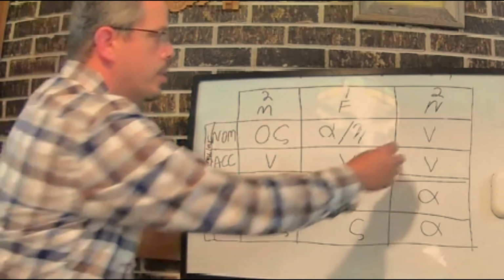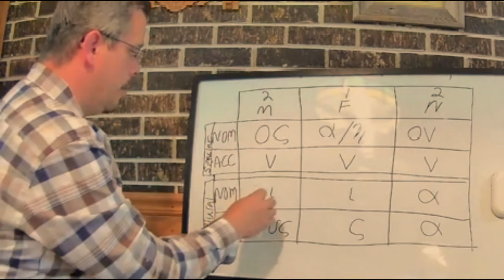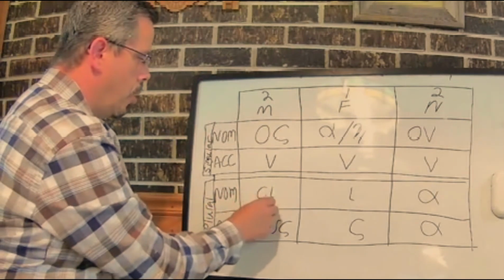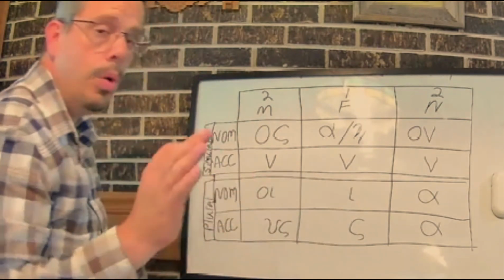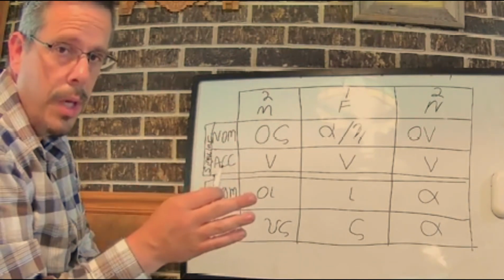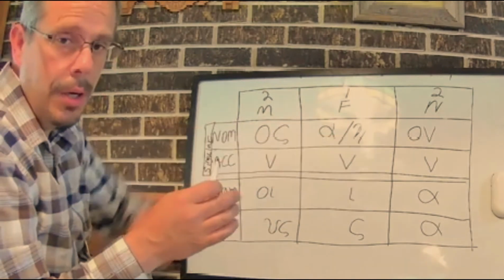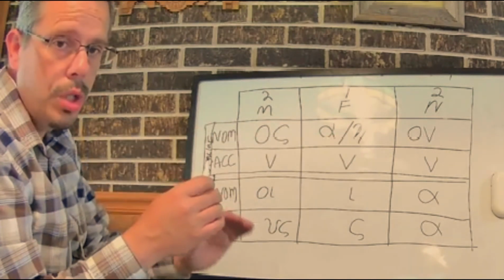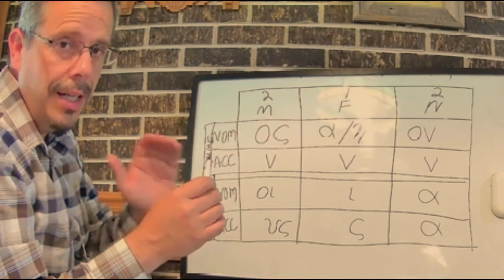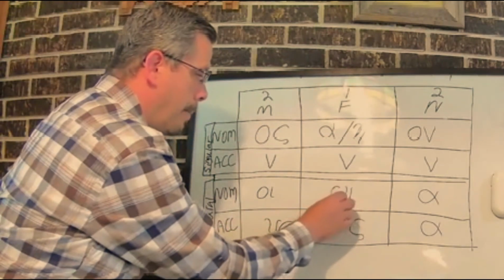Okay, and then this one would be down here, it's going to be oi. Now, when you come to the plural of a first declension noun, they are always going to switch. Even if it's an eta up here in the singular, it will always switch to an alpha in the plural. So this one will always be ai.